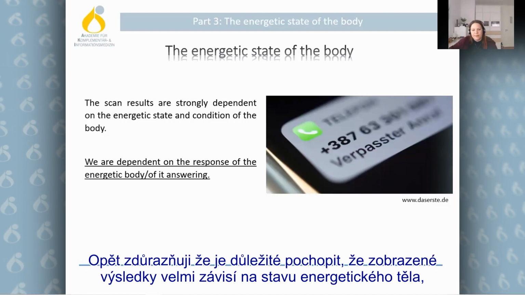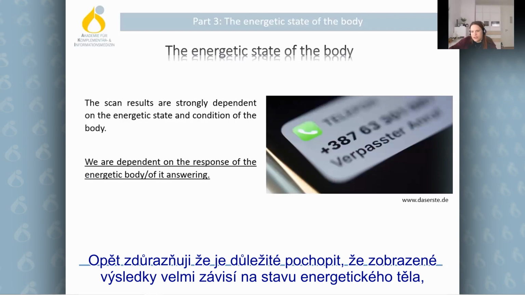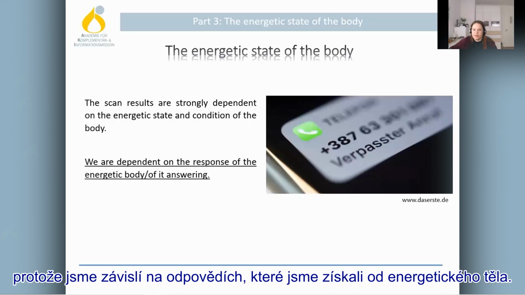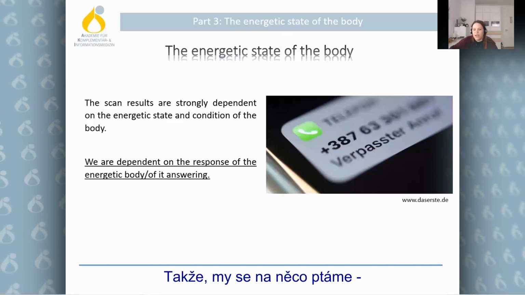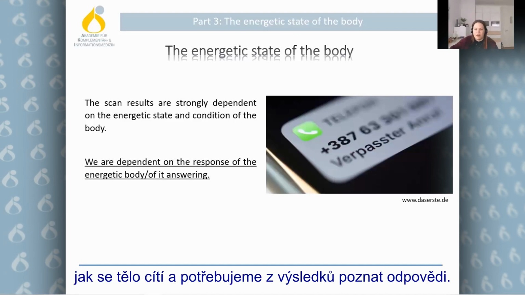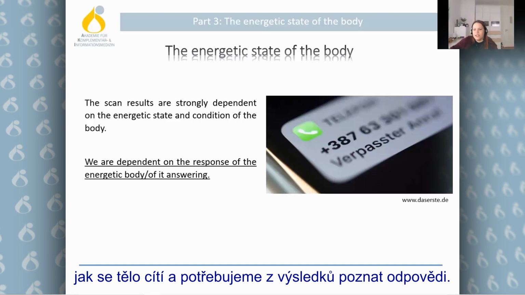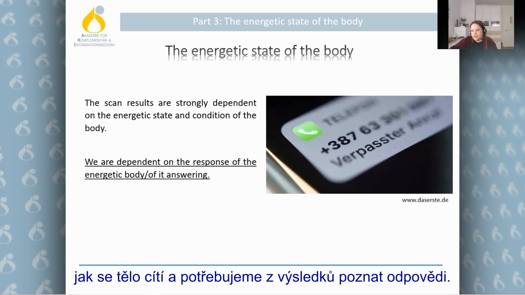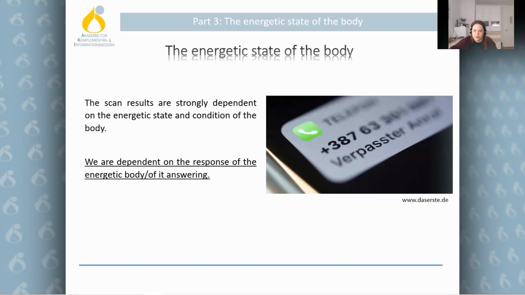So again, it's important to understand that the results are strongly dependent on the energetic state of the body, because we depend on the answer of the energetic body. So we ask something, how the body feels, and we need an answer to see it in the results, in the evaluation.